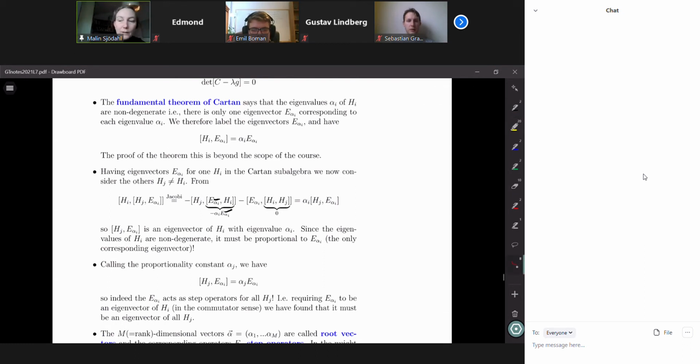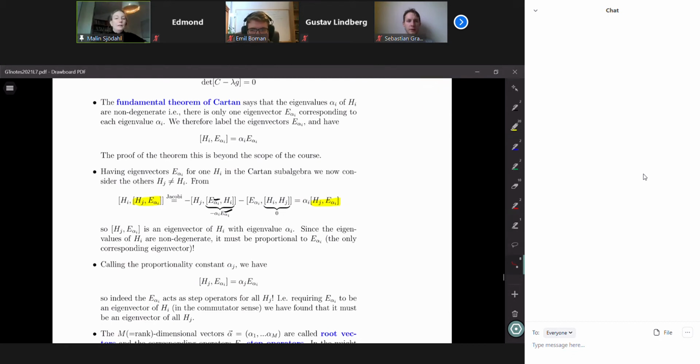So this implies that this alpha_I we pull out here with two minus signs. So we see that what we get is that this state here is an eigenstate of this operator here with the eigenvalue alpha_I from here.